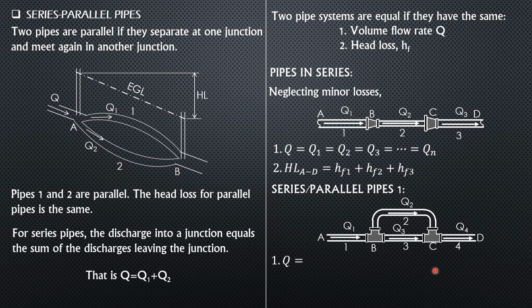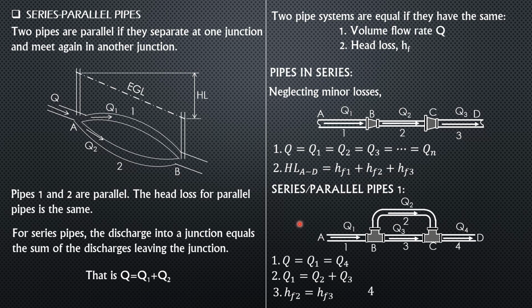So Q equals Q1 equals Q4. And Q1 equals Q2 plus Q3. There's no need to set up Q2 plus Q3 equals Q4. That's a redundant equation. Since pipes 2 and 3 are parallel, then HF2 equals HF3.